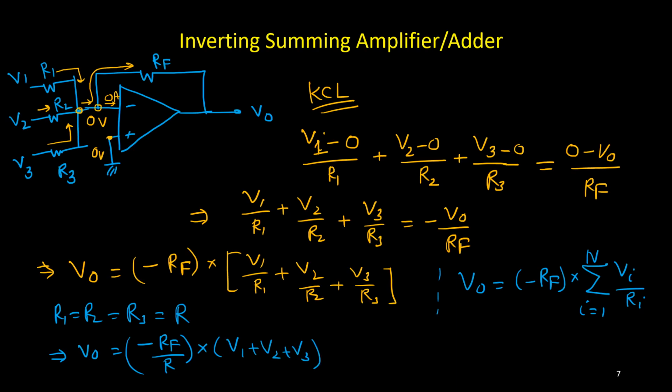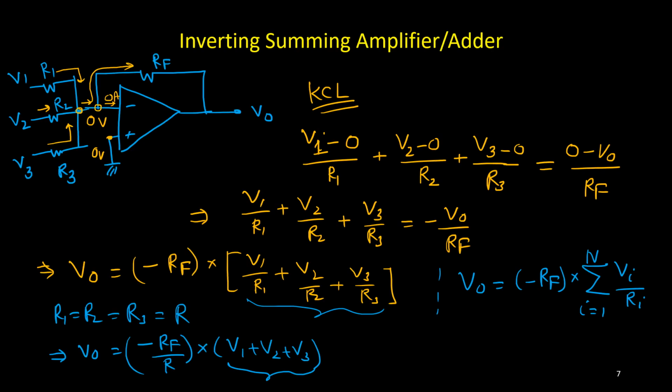Okay, so that's how it is an adder circuit, and this is a weighted adder. Some coefficients, 1 upon R1 is the weight with this V1. 1 upon R2 is the weight with the V2. 1 upon R3 is the weight with the V3, like that.